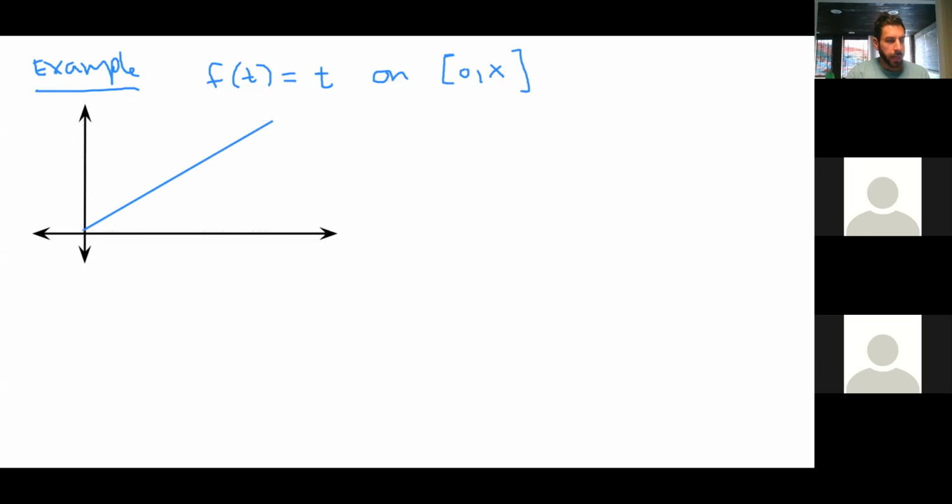It goes through the y-axis at 0. So this is like the point 1, 1, 2, 2, etc. Up here, this would be the point x, x.